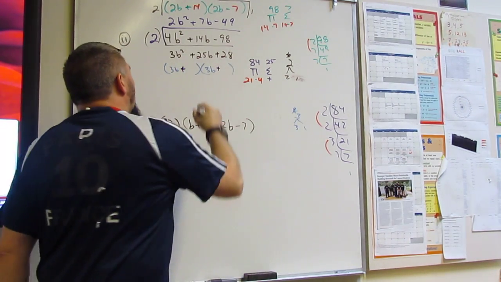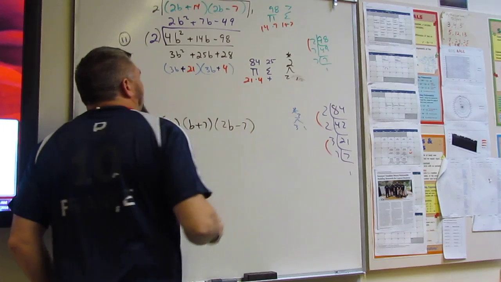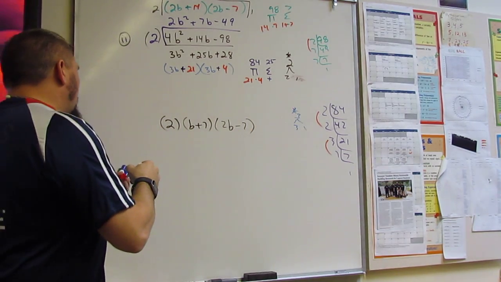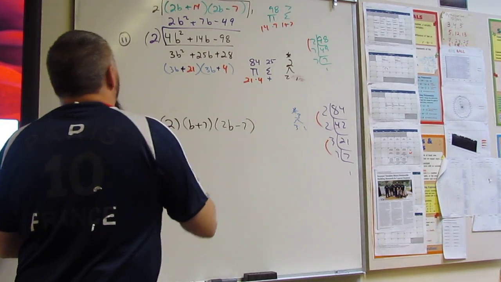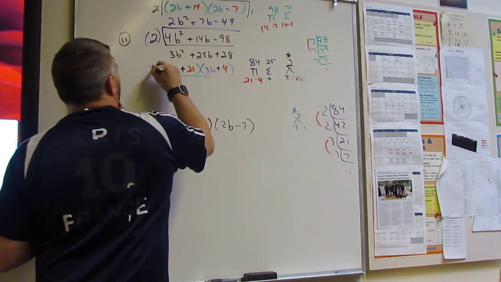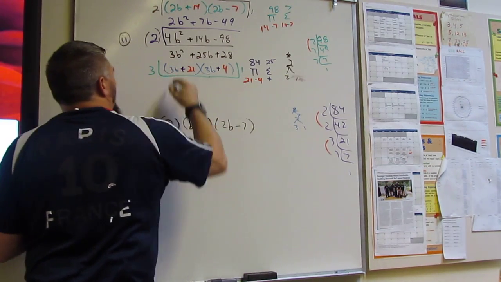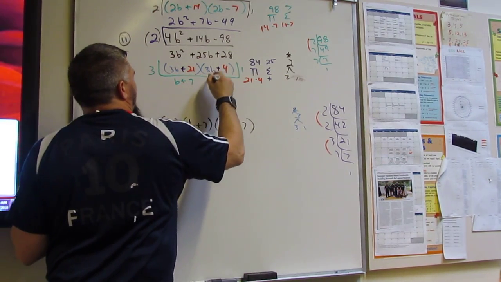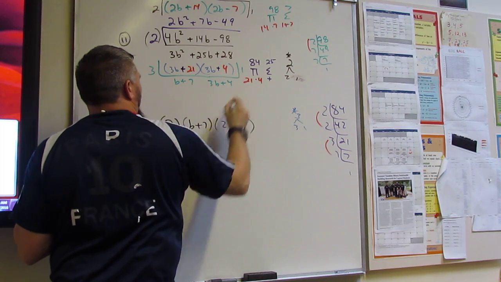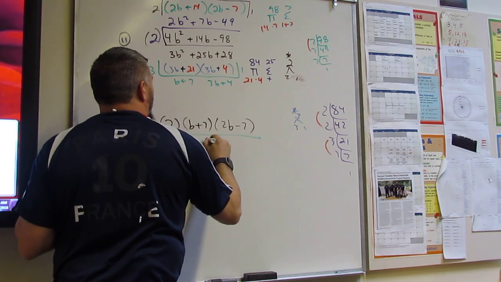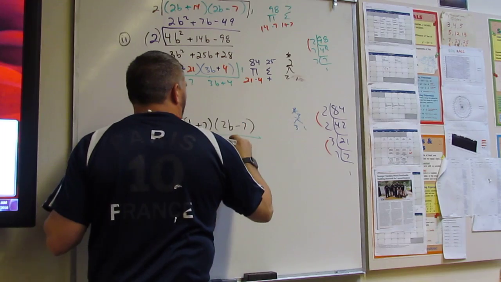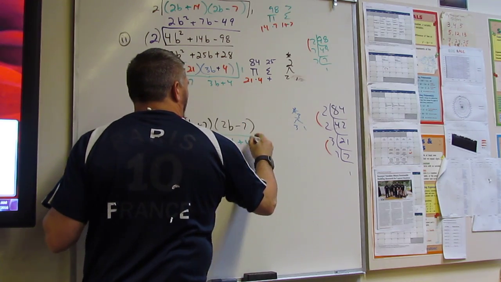And then I'm pulling out a 3 and a 1. And I get b plus 7 and 3b plus 4.